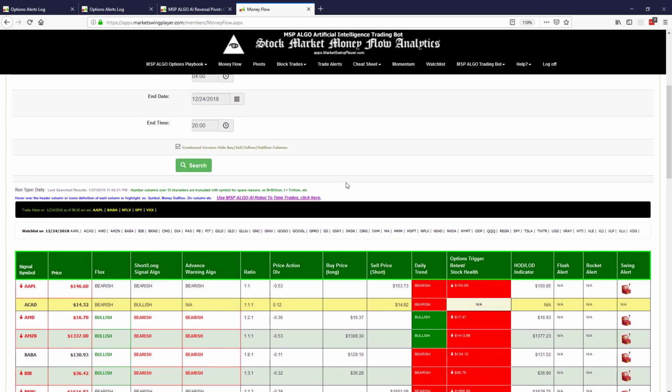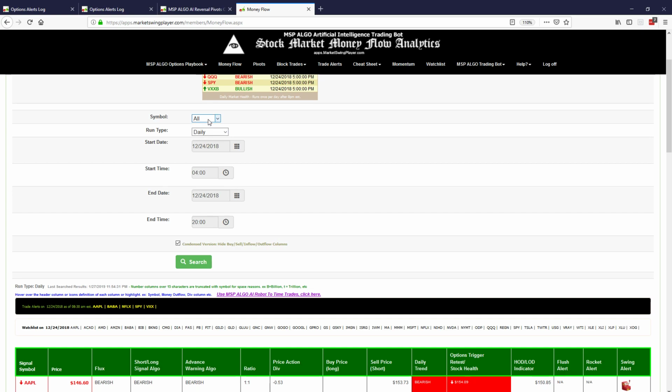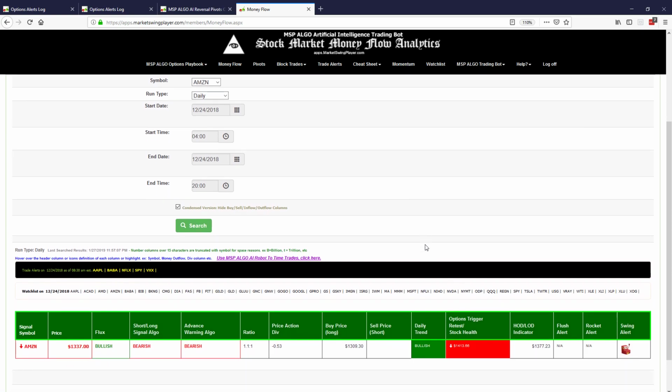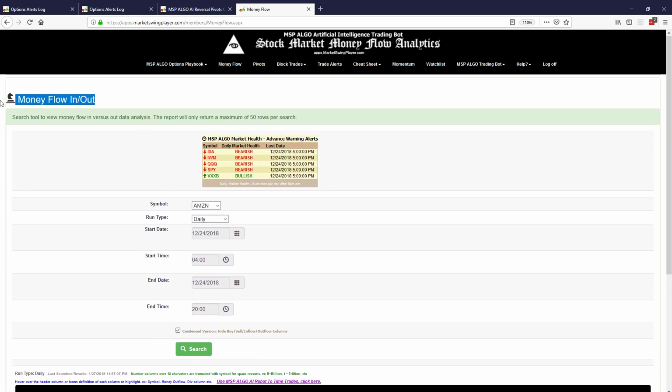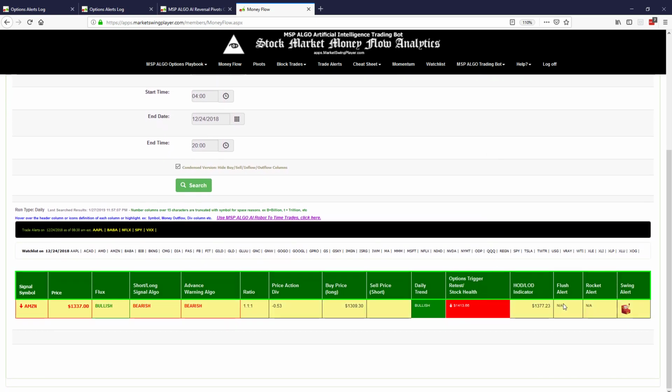All right, so to remove any noise, we're just going to focus on Amazon. So here is the money flow. We know that after the 0940 run, give it a couple of minutes, we're going to get alerts. We know we got the triple play. In this particular scenario, we're studying swing alerts, and Amazon had a swing alert.